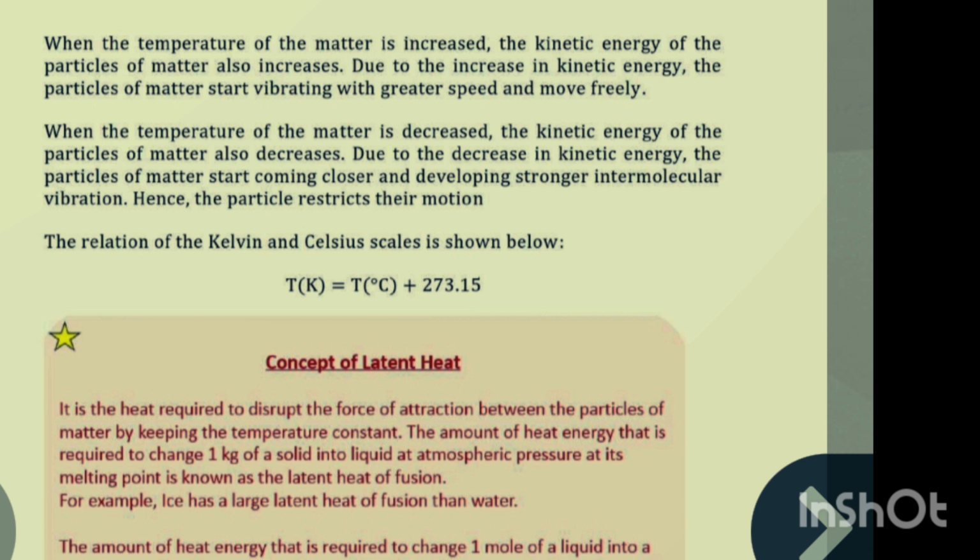If the temperature is very low, the kinetic energy also decreases, and the particles come closer. The molecules attach to each other with strong intermolecular forces. With the help of that, the particles restrict their motion; they stay in one place and do not move to any other place.